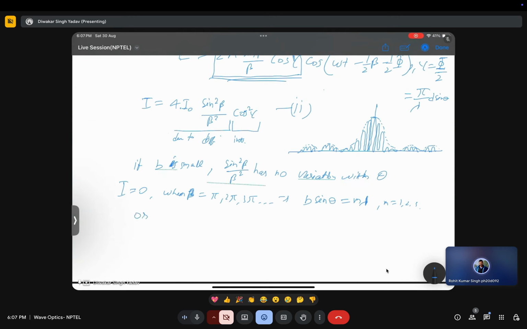So this is one condition, and I equal to 0 also when your gamma is equal to pi by 2, 3 pi by 2, 5 pi by 2, because cos gamma is there. So this condition will also give you I equal to 0, and from here you get this condition.